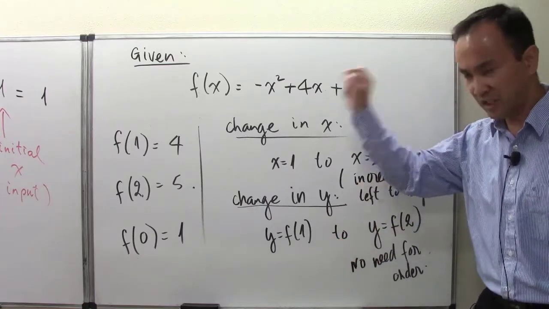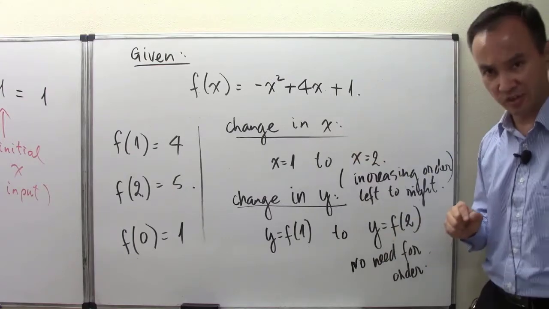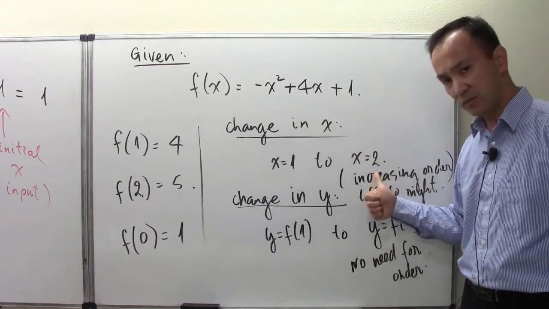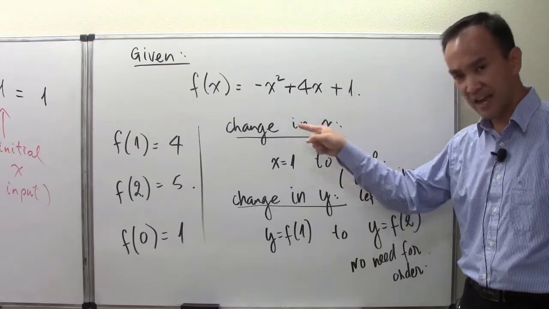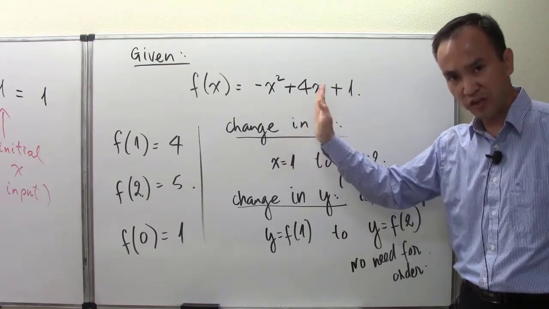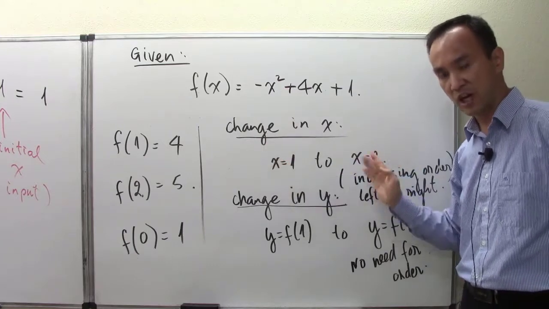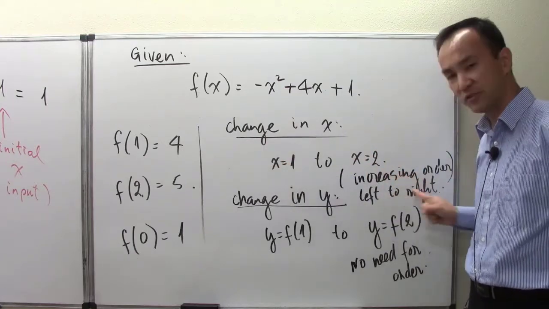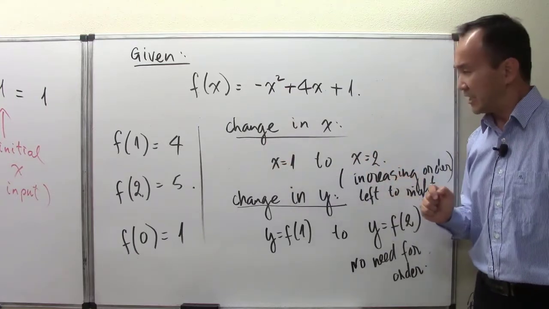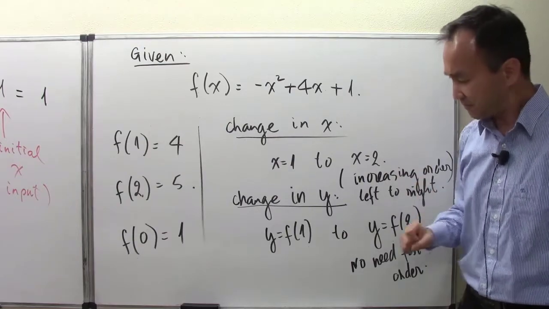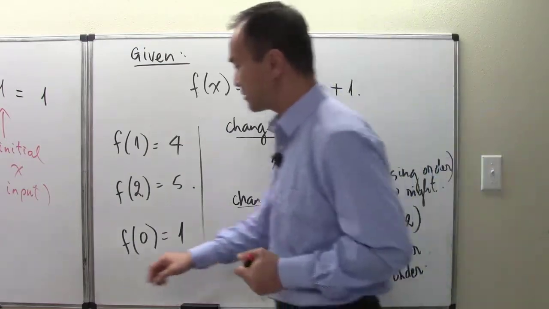And so specifically when we're calculating changes, it's a good requirement that we look at x input values changing from the left to the right, from the smaller value to the larger value, in increasing order. Okay, and so now in that way, I have to erase this space right here.